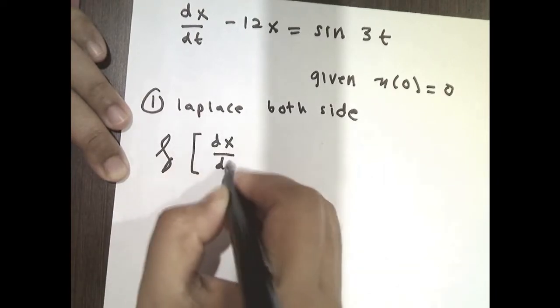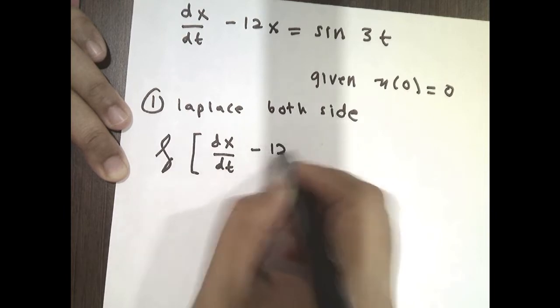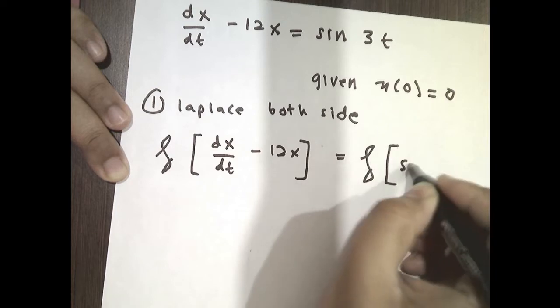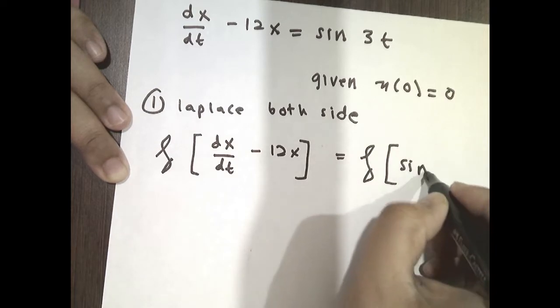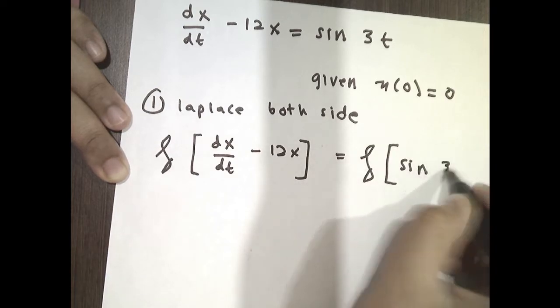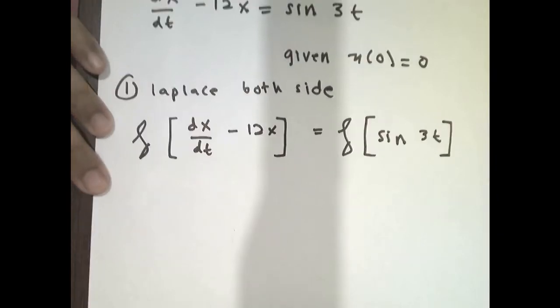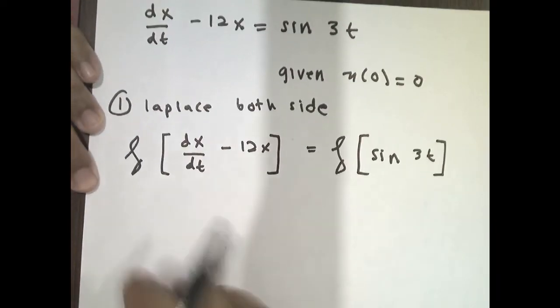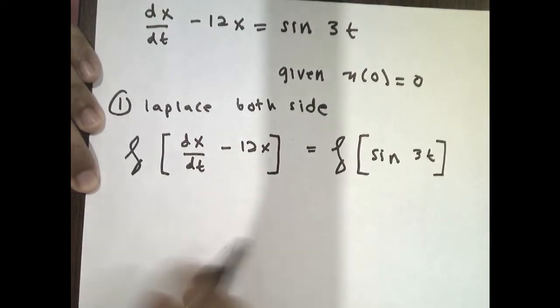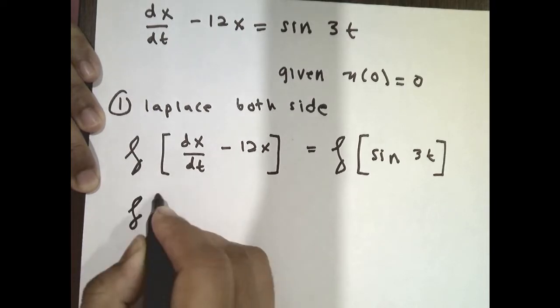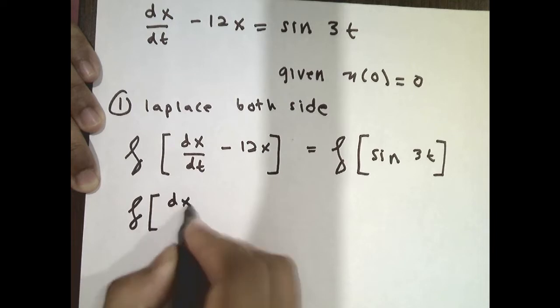Okay, so taking Laplace for both sides, you will get like this: the Laplace of dx/dt minus 12x equals the Laplace of sin 3t. But after that you can actually separate this into its own Laplace.